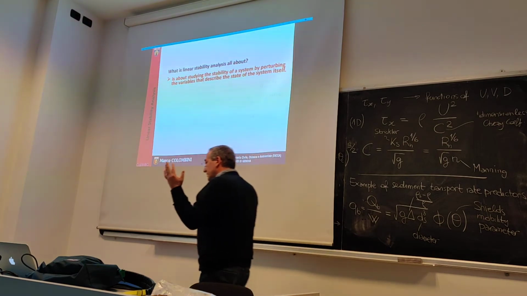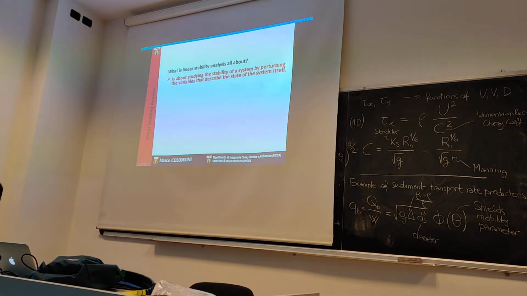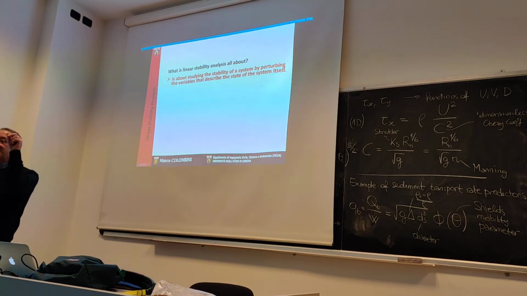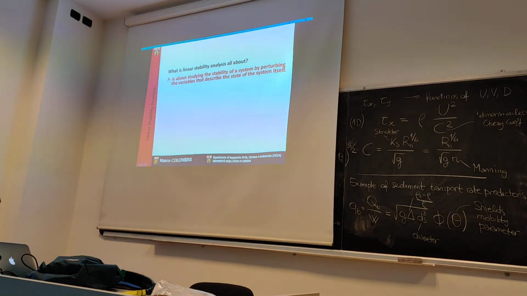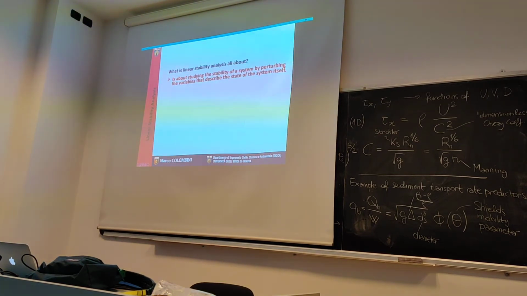Okay, this is very abstract. The concept is abstract, so it's probably not clear to most of you what the state of the system is. But let's think of a system characterized by some values of parameters: the Froude number for a flow, I don't know, some flow rate and whatever, some flow depth.